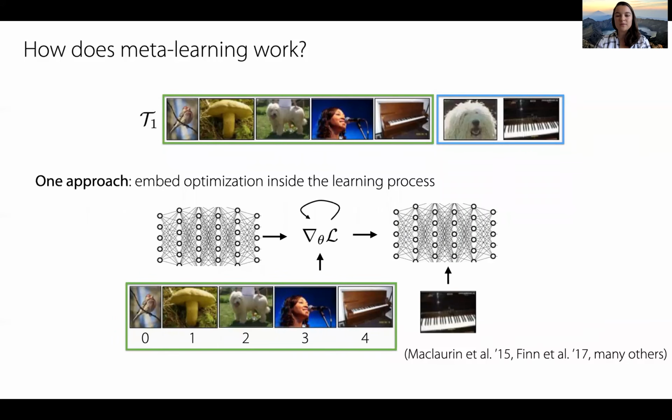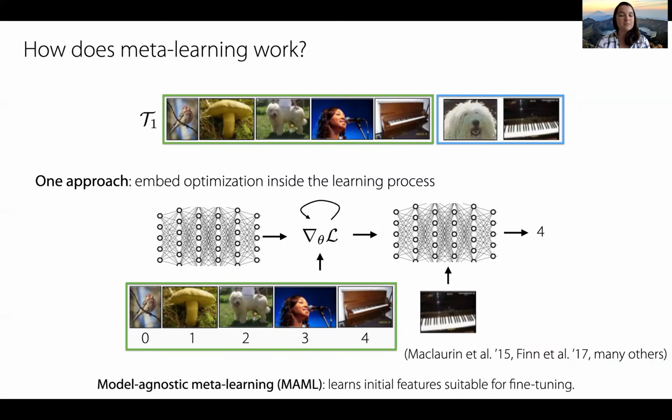We then pass one of our test images into this new network and train it to predict the correct label. Now, notice that we can actually backpropagate end-to-end through this learning process into the initial parameters and other hyperparameters such that fine-tuning and this optimization works well with a small amount of data. That's the key idea behind optimization-based meta-learning algorithms, including the model-agnostic meta-learning algorithm that learns initial features that are suitable for fine-tuning with small amounts of data.